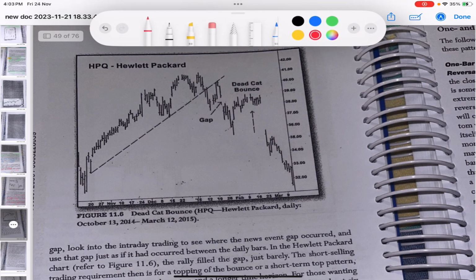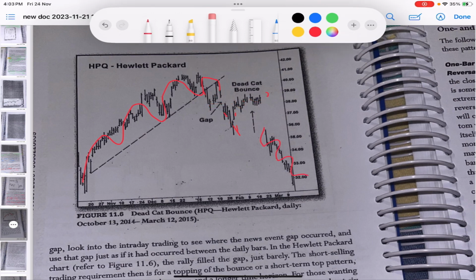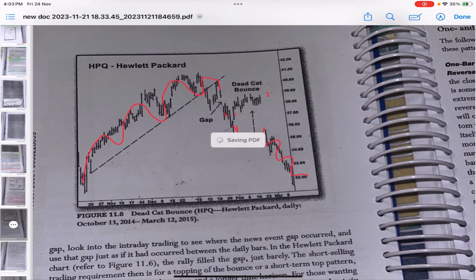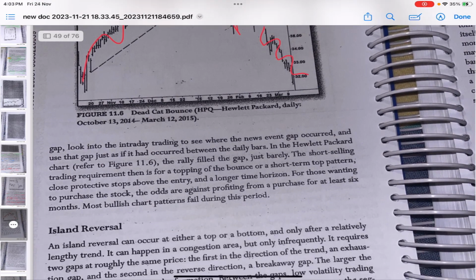Looking at this, the price first went up, then it broke down, and there was a gap down and a major sell off, then a rally was happening, but it was a failed rally, and the decline continued ever since the gap happened. So this is an example of a dead cat bounce.